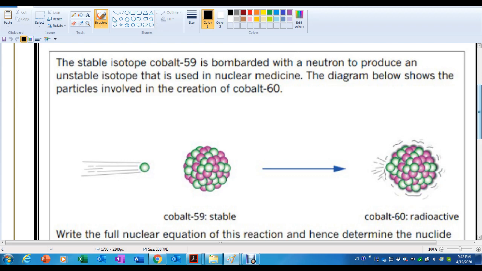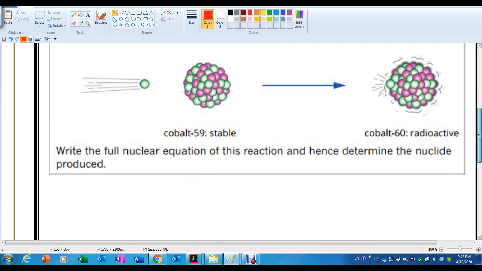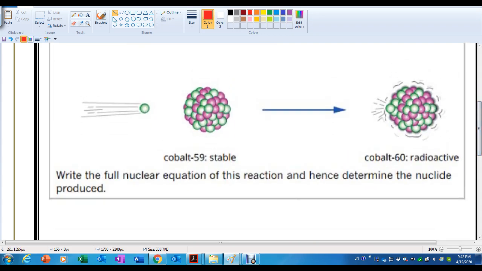Basically, you see the diagram, and it also says very clearly it's about being bombarded by a neutron. So how could we write a full nuclear equation? What do we mean by full? A full nuclear reaction means you need to know the element symbol with atomic number and mass number.